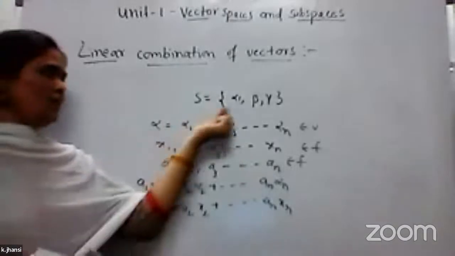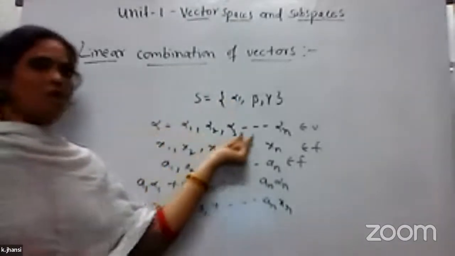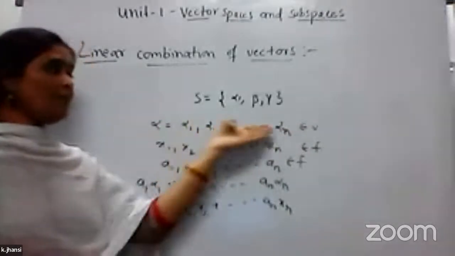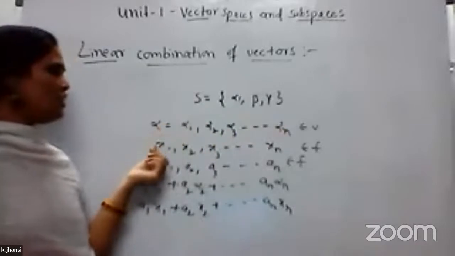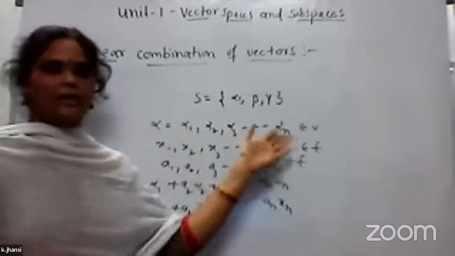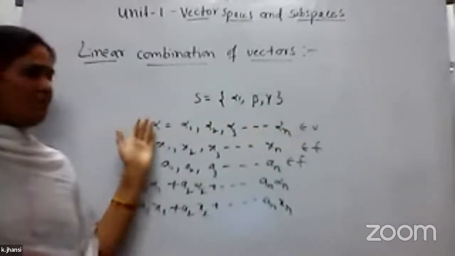If you take any vector such that it is in the form alpha 1, alpha 2, alpha 3 up till alpha n, next you can take beta 1, beta 2, beta 3 up till beta n, gamma 1, gamma 2, gamma 3 up till gamma n.